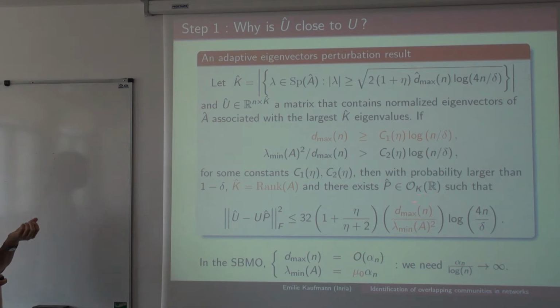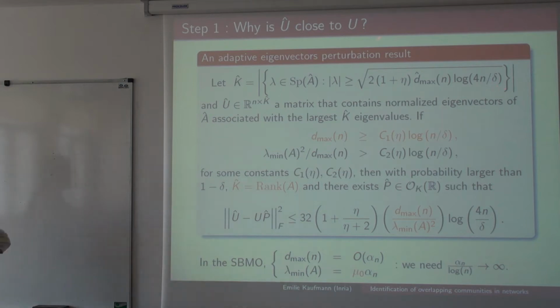What is featured here is Dmax, the maximal expected degree in the network, and lambda min of A, which is the smallest non-zero eigenvalue of A. More precisely, we give an adaptive result in the sense that we give a way to choose an estimate of K, which will be the number of eigenvalues of A larger than this threshold.